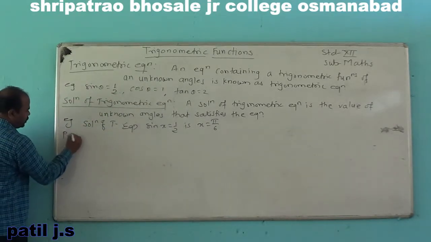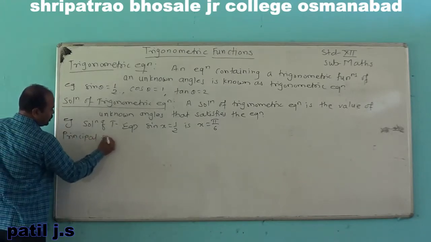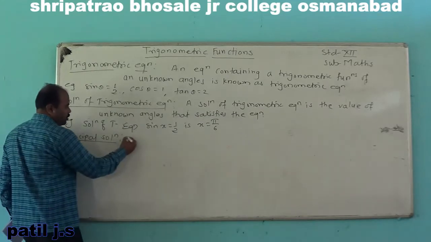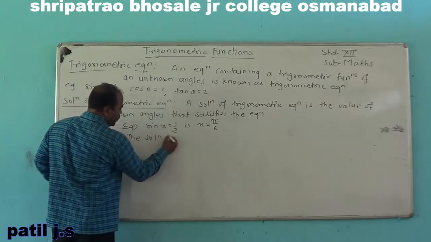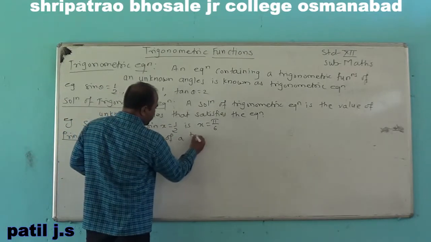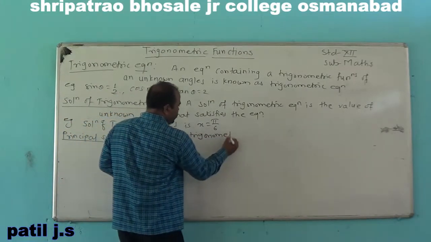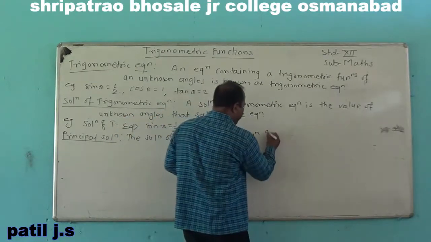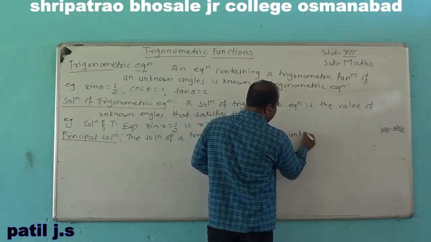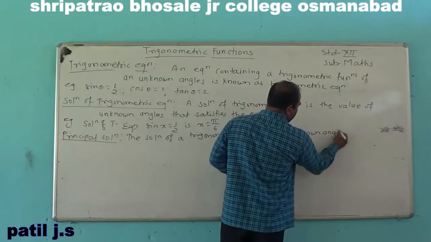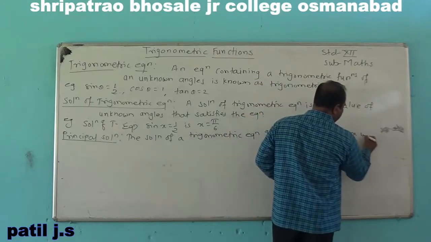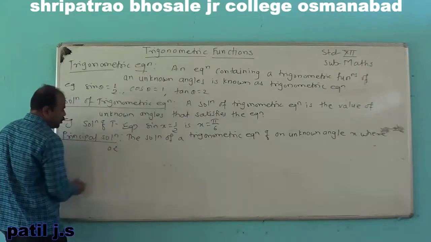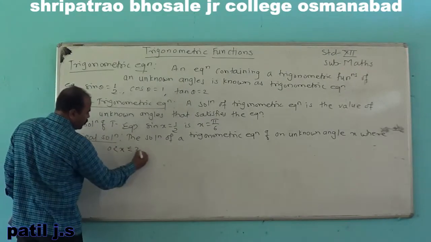The next definition is principal solution. The solution of a trigonometric equation of an unknown angle x, where the condition is 0 less than or equal to x less than 2 pi.